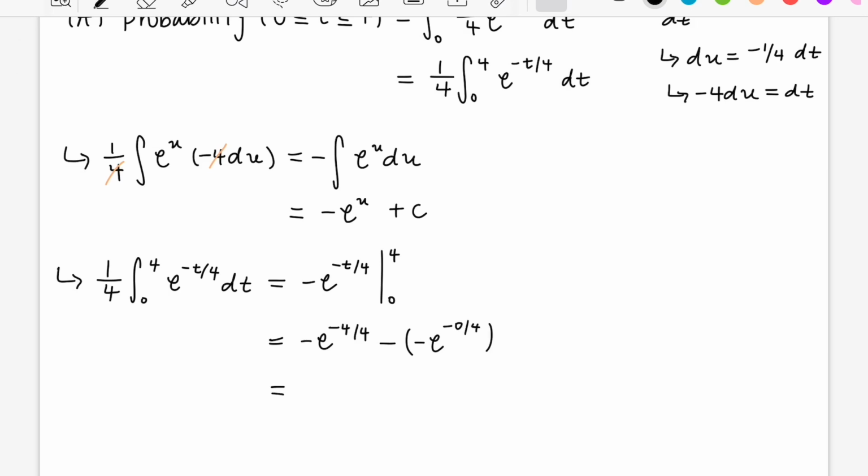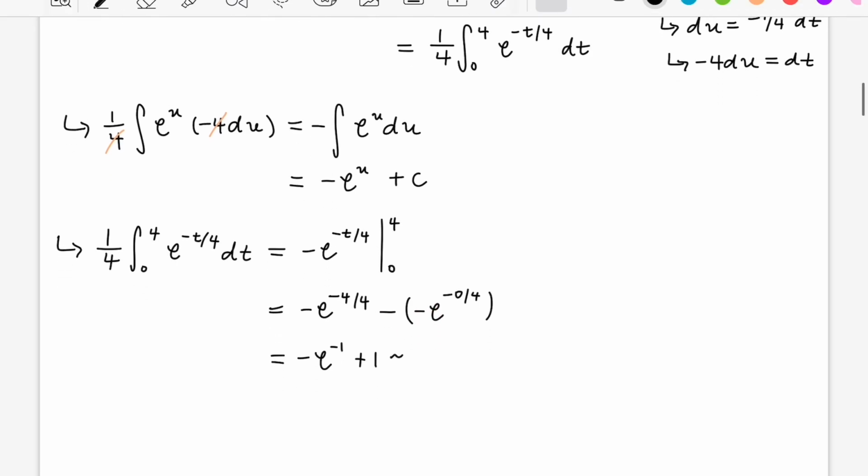Negative e to the negative 1 is on this side here. Then we're going to subtract out a negative 1 because e to the power 0 is 1. We have negative e here, but we're subtracting out a negative 1, so this will be plus 1 here. And so we see that this is approximately equal to 0.632.